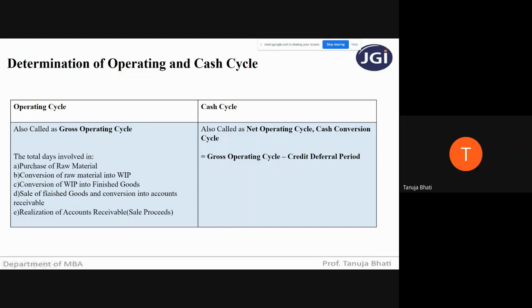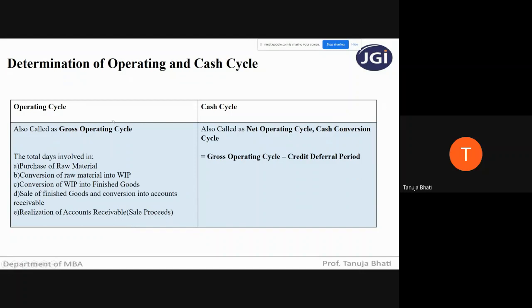Number three, the days required to convert the work in progress into finished goods. Number four, the days involved in the sale of finished goods and conversion into accounts receivable. And number five, the days involved in realizing the accounts receivable, that is, the sales proceeds.